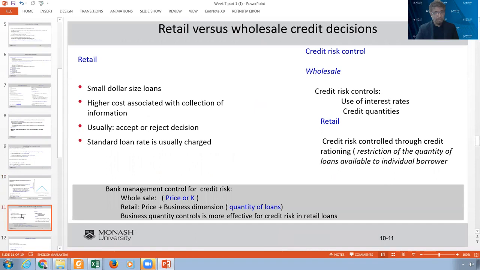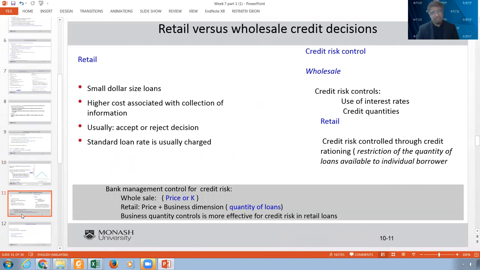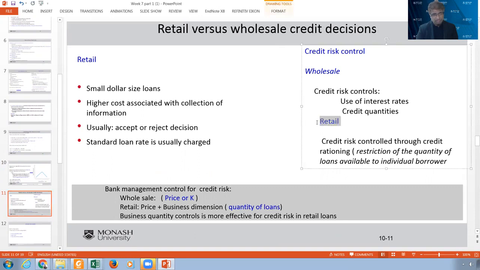Let me go now to the next one, this is just an easy issue. When we try to control the risk, we have two types of customers. We have the wholesale, which is the businesses, and we have the retail, which is the personal. Now, if you want to decrease the credit risk and keep the relationship with the customer, you don't reject them, but for the wholesale, you can use the interest rate.